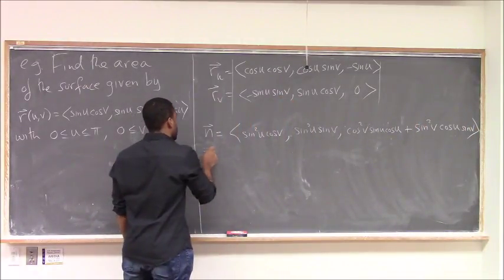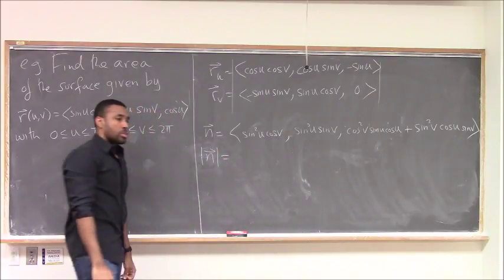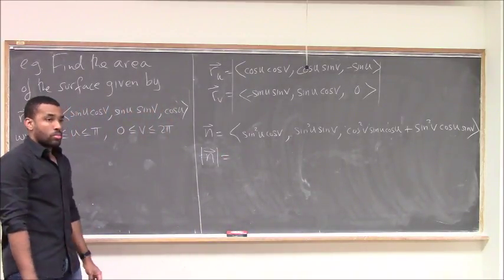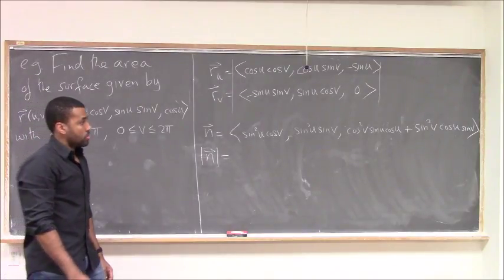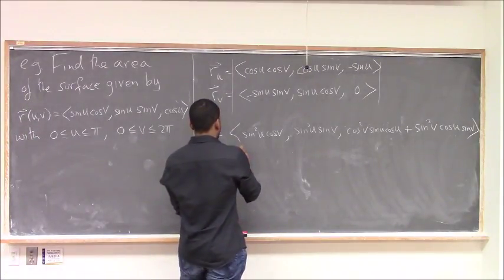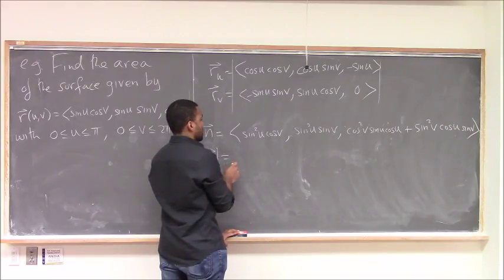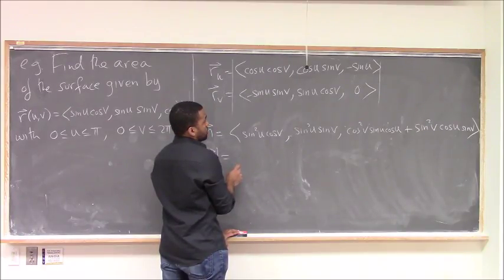So the magnitude of the normal. Professor, the middle one wouldn't be negative sine squared u sine v?